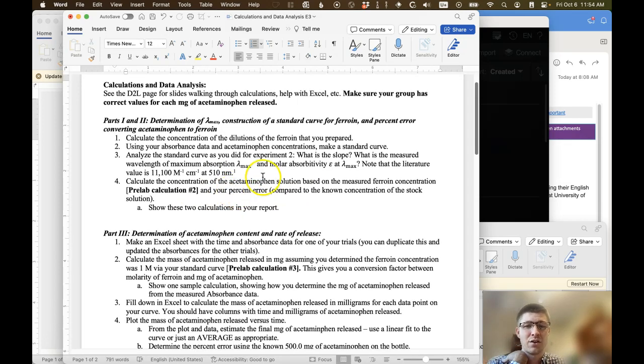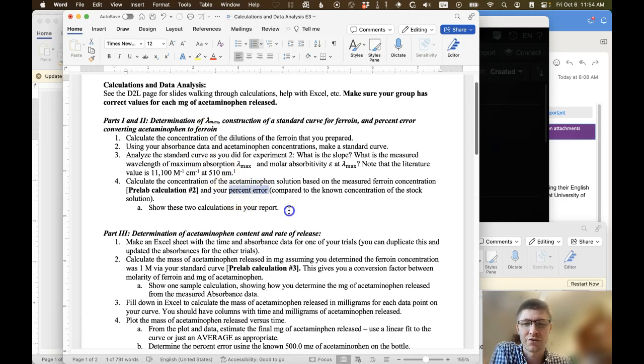If you think about why we're doing this, this is giving us a good check on this process of converting acetaminophen to ferroin, right? If we can get within 5 or 10%, that's a good sign that our procedure, all that, is working properly, right?